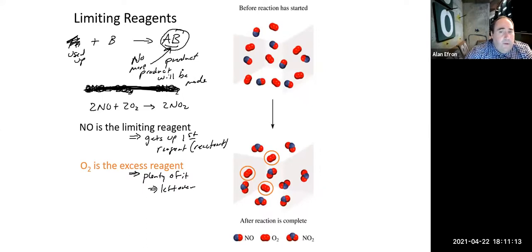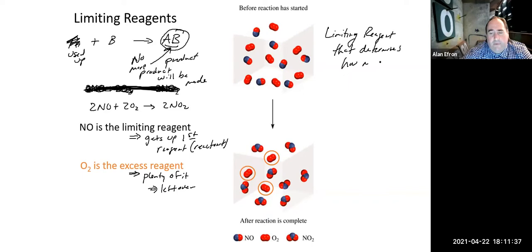And that's really why limiting reagents are important. The limiting reagent is the reagent or the reactant that determines how much product you can actually make. So it's always the limiting reagent that determines how much product you'll produce.